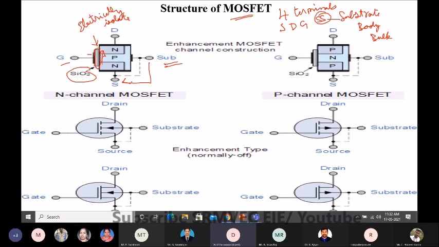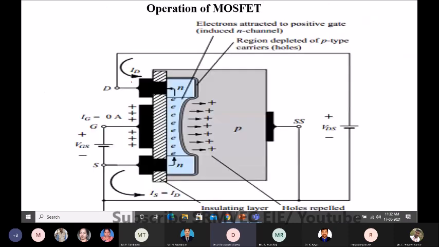The basic type is enhancement. Enhancement is normally off, so applying the gate voltage alone can turn it on. What is the voltage needed for an enhancement type? A positive voltage is needed, whereas for the others a negative voltage is needed.